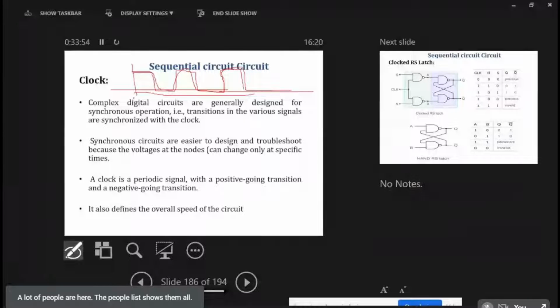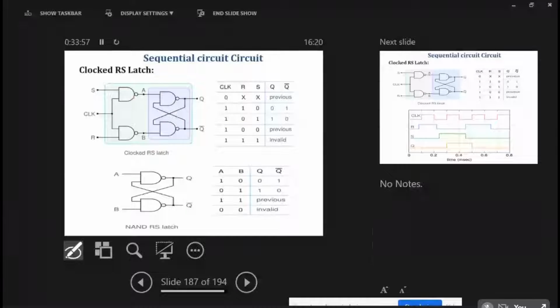Okay, so for that implementation we require some additional number of gates. So this is the simple clock, or we can also say this gated or clocked or enabled RS latch.